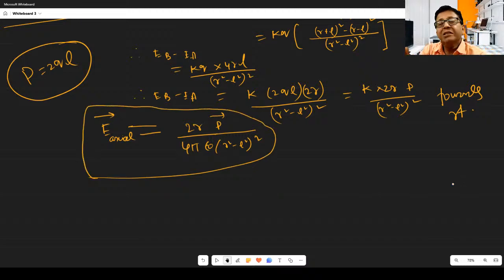If you mention direction towards right, don't go for vector. No need. Okay. So E axial is 2RP by 4 pi epsilon 0 into R square minus L square whole square.